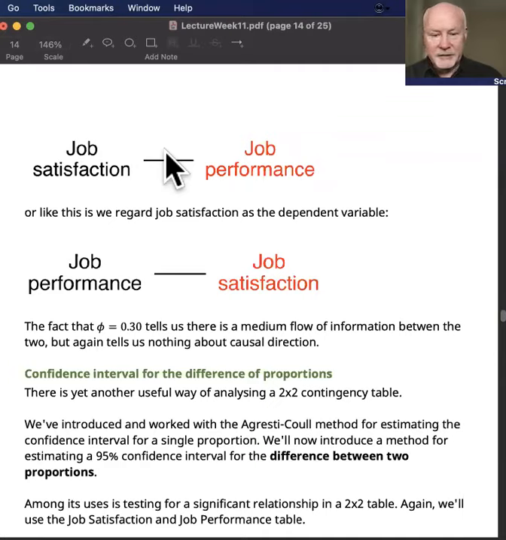None of this tells us about causation. The way we can think of it is that these lines indicate a sort of flow of information. Having information about one variable gives you some information about the other.